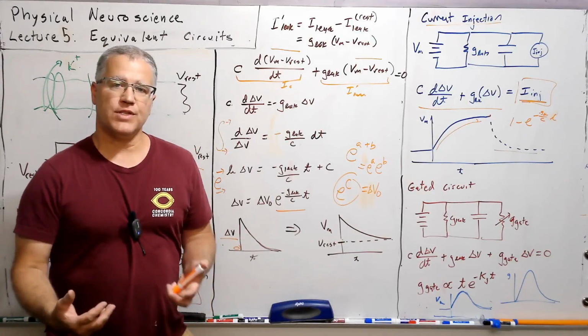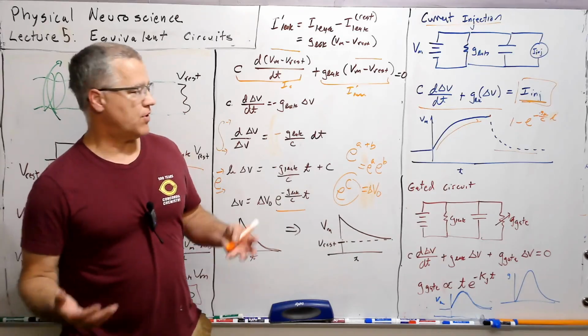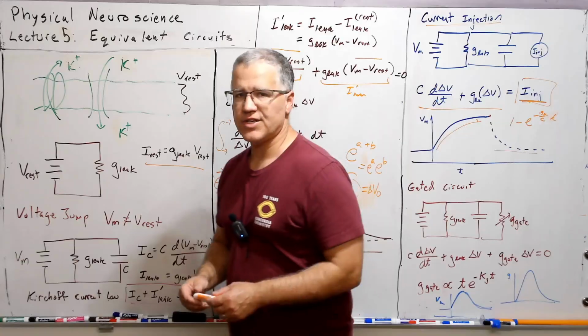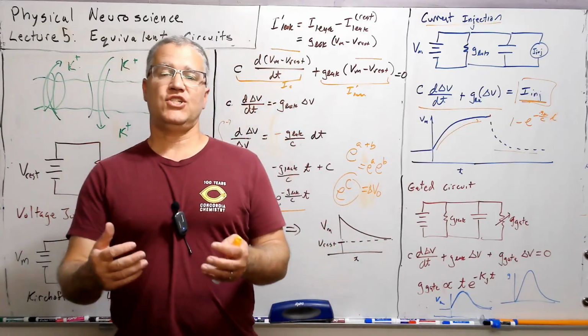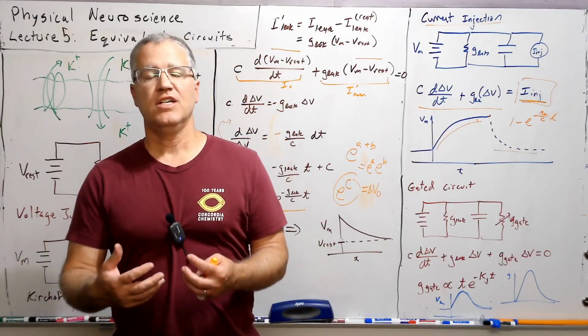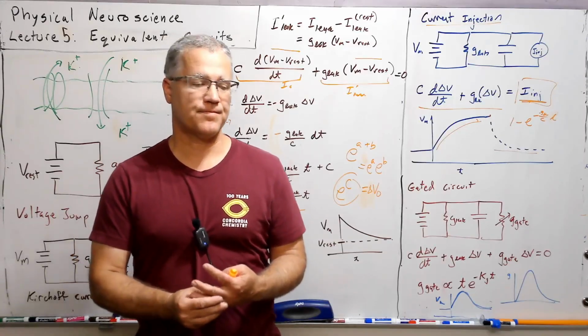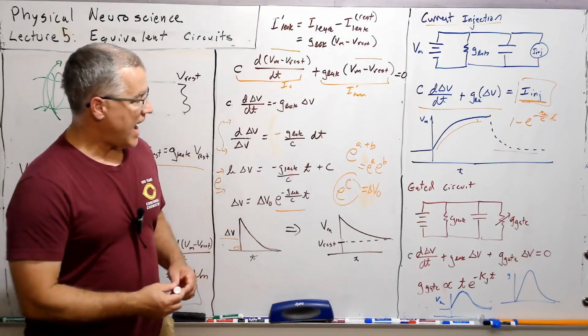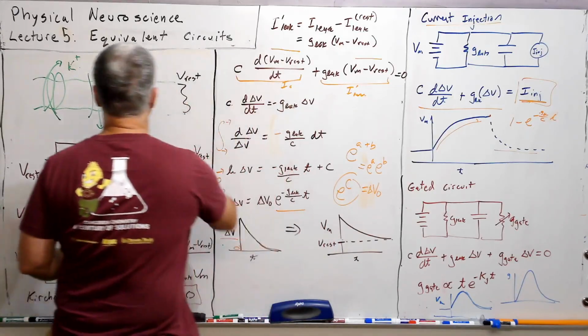Now, all of this is with a leak channel, which is good. We want to understand the leak channel, but the interesting channels in neuroscience are the voltage-gated channels and the ligand-gated channels. So let's imagine we have a voltage-gated channel, or a ligand-gated channel, doesn't matter. And we're going to add that now to our circuit.